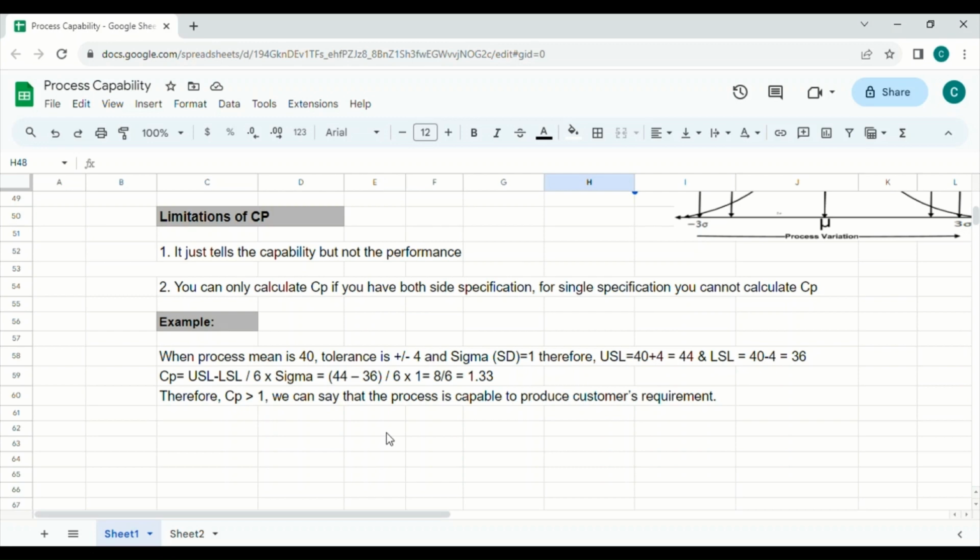Then CP equals USL minus LSL divided by 6 sigma, which is equal to 44 minus 36 divided by 6 into 1, which is equal to 1.33. Therefore CP is greater than 1. So we can say that the process is capable to meet customers' requirement. So this was all about process capability, that is CP.